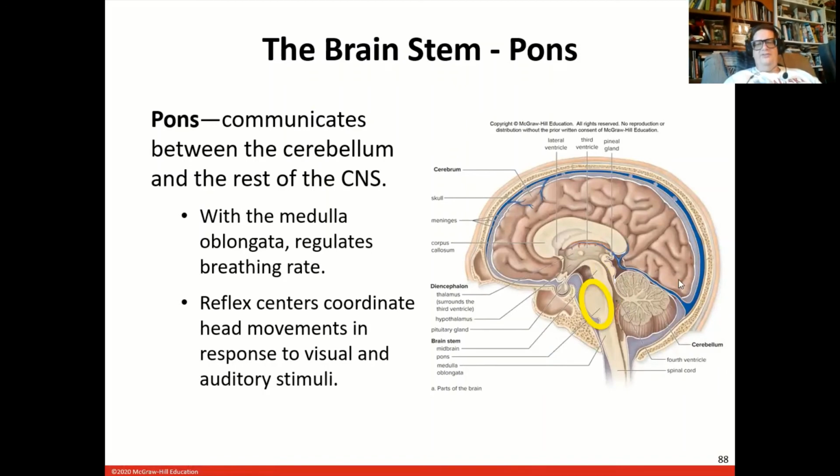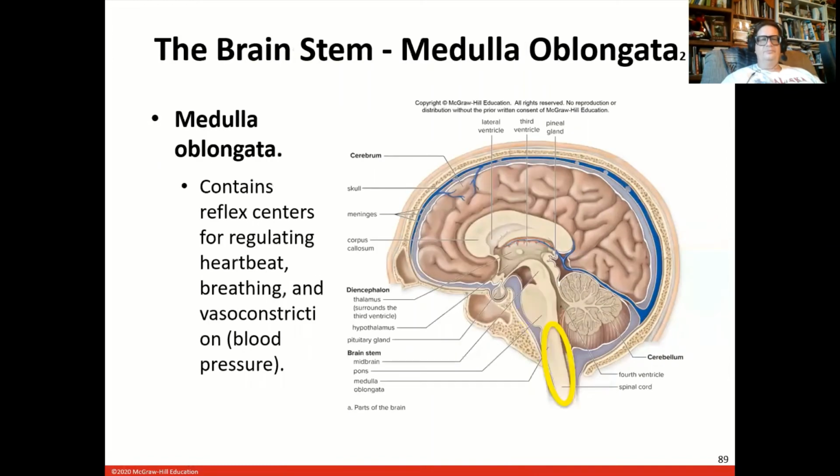The pons, that's the little oval right there, controls your breathing rate, working with the medulla oblongata, and coordinates your head movements so they're not jerky, and helps with the response to visual and hearing stimuli, things you hear, things you see.